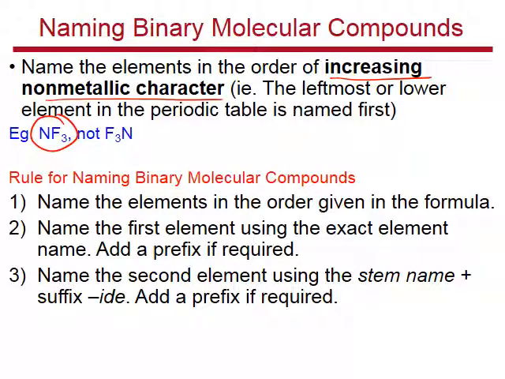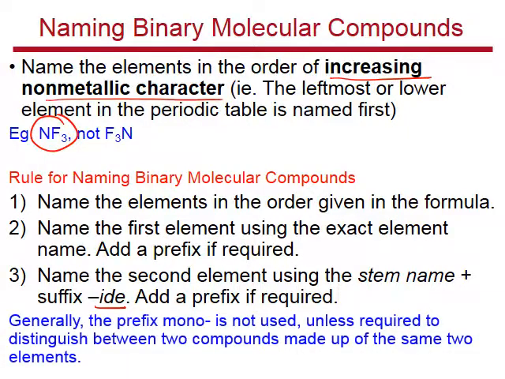We then name the second element using the stem name of the element followed by the suffix -ide. You then add the prefix if required. One thing to take note of is that the prefix mono is not generally used, unless required to distinguish between two compounds made out of the same two elements.